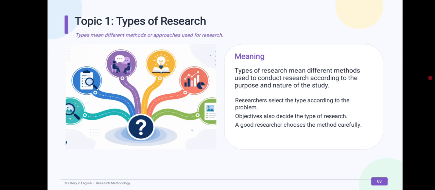Basically, researchers choose the right research type according to their objective, nature of the problem, availability of data and purpose of the study.